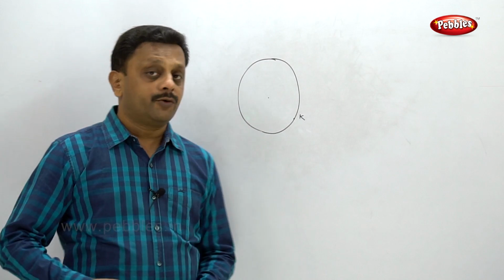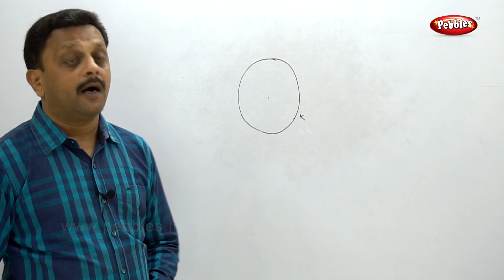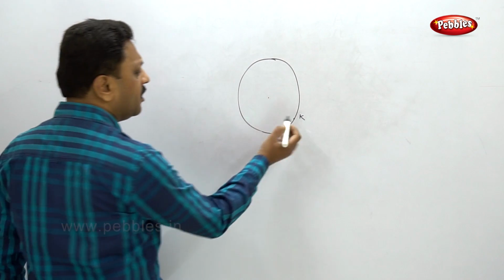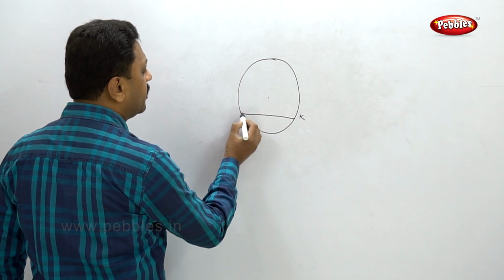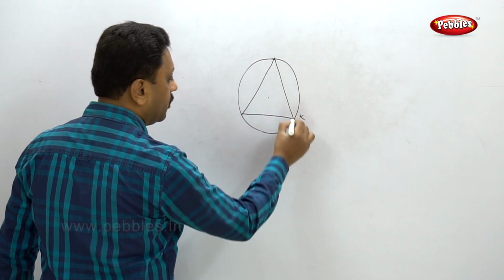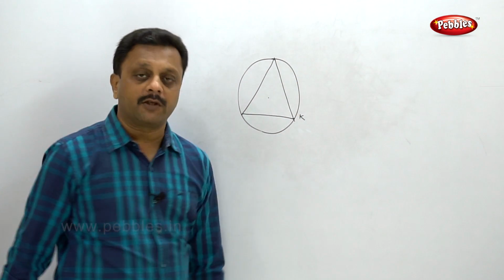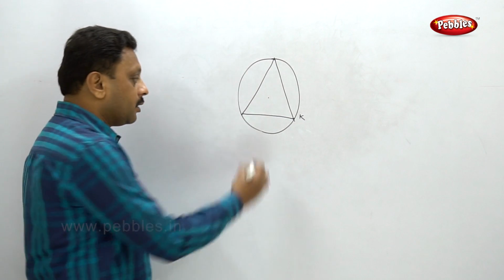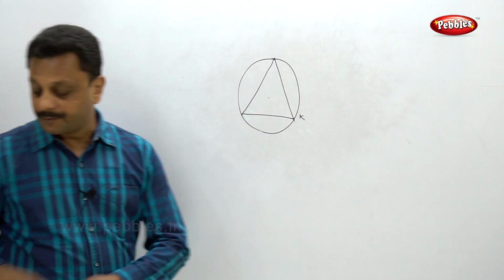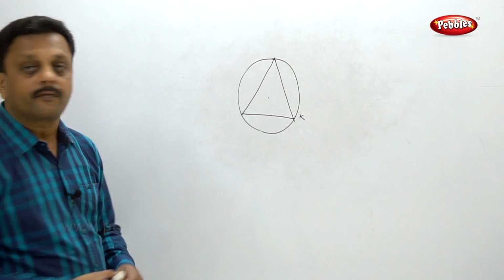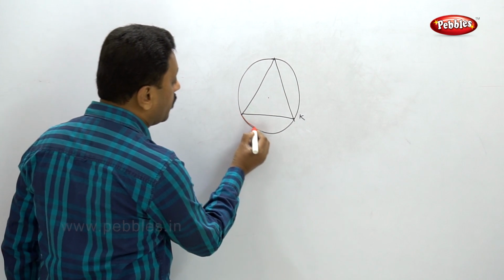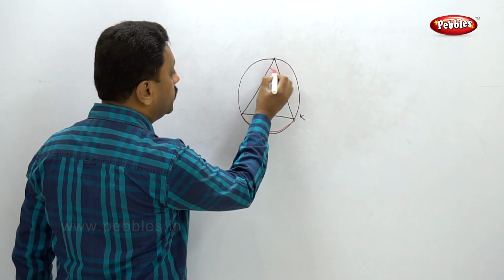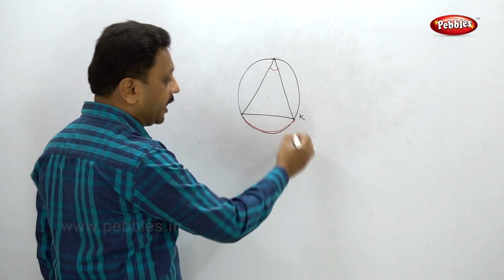Now here we have to use the property of angles in alternate segment. How will you do this? Just draw any triangle. All the vertices should be on the circle. This is the common segment for this angle and whatever the angle is.